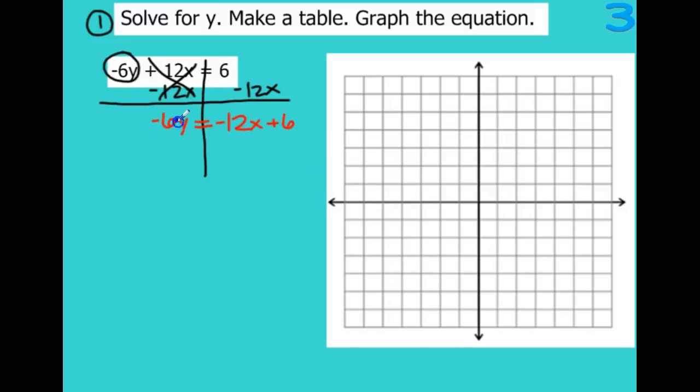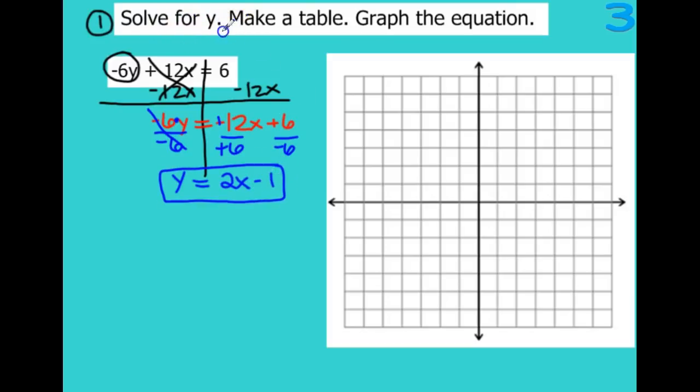And then last, the opposite of multiplying is divide. Divide everything by negative 6. Those eliminate. We have y equals, two negatives make a positive. 12 divided by 6 is 2, so 2x. And 6 divided by 6 is 1, and it's a negative.